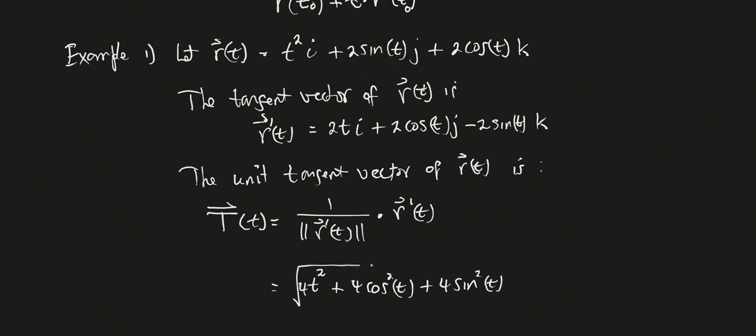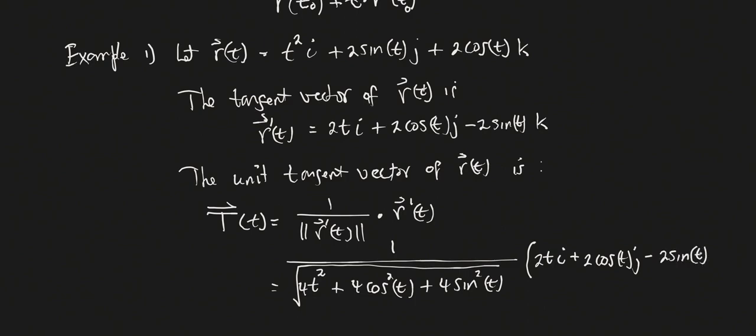And then all of that is going to be under a square root, and then all of that is going to be in the denominator. So that's this part of it. And then the other part is just the vector that I have here, and I'll put it in parentheses since I'm not doing the angled bracket notation. So I have 2ti plus 2 cosine tj, and then minus 2 sine tk.